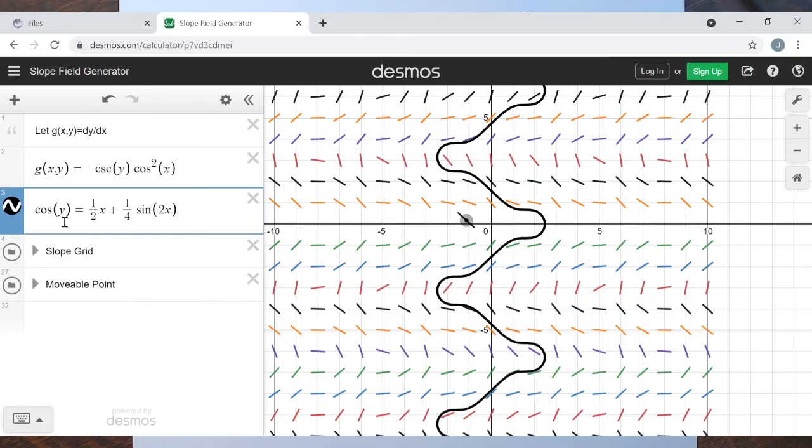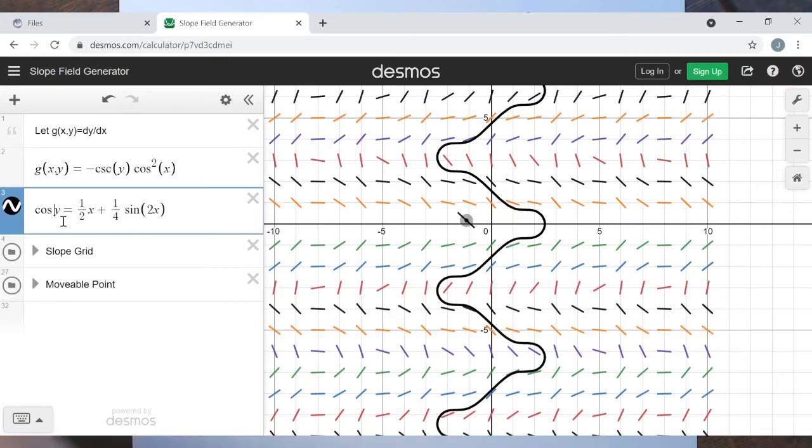Now this is the implicit solution. Remember, there's a restriction if I take the inverse cosine of both sides, because the inverse cosine of some number is just going to be between 0 and pi, if you recall from trigonometry.